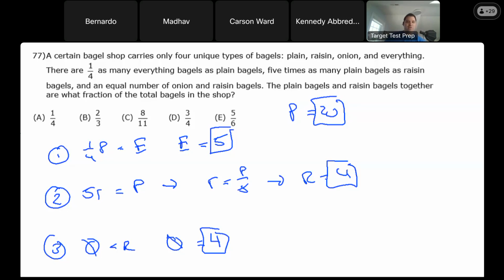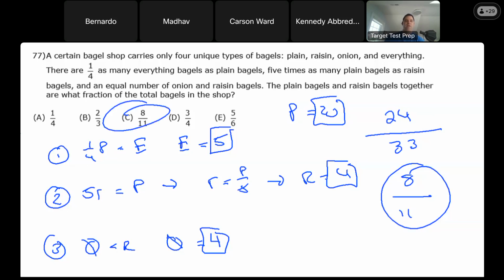The reason why this is so clean now: plain and raisin, that's just going to be 20 plus 4, so that's 24 over the total. 20 plus 5 plus 4 plus 4, that's going to be 25 plus 8, which is 33. 3 goes into that 8 times, and then you get 8 over 11.